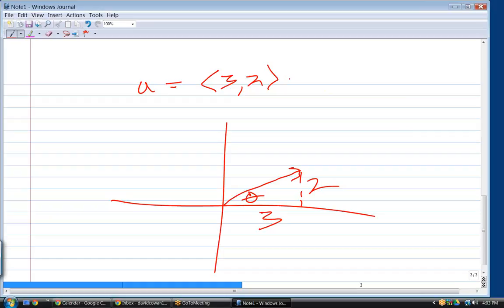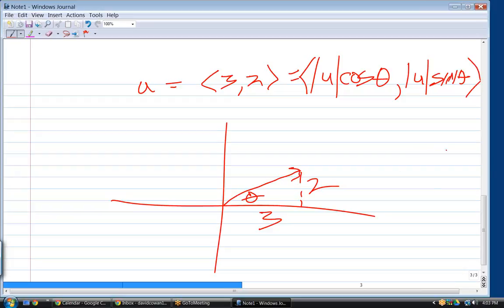Let's see. They say that this vector has to equal the magnitude of the vector times the cosine of the angle that we're looking for. And the other has to be the magnitude of the vector times the sine of the angle we're looking for.